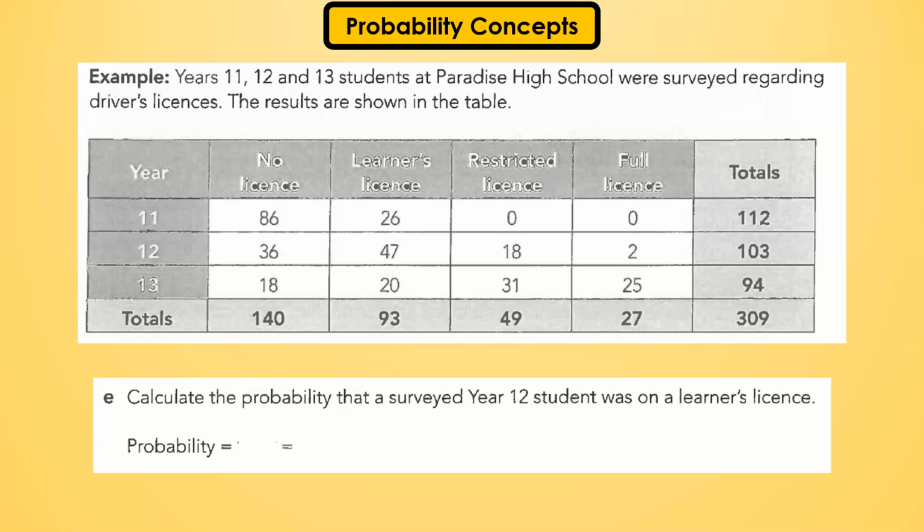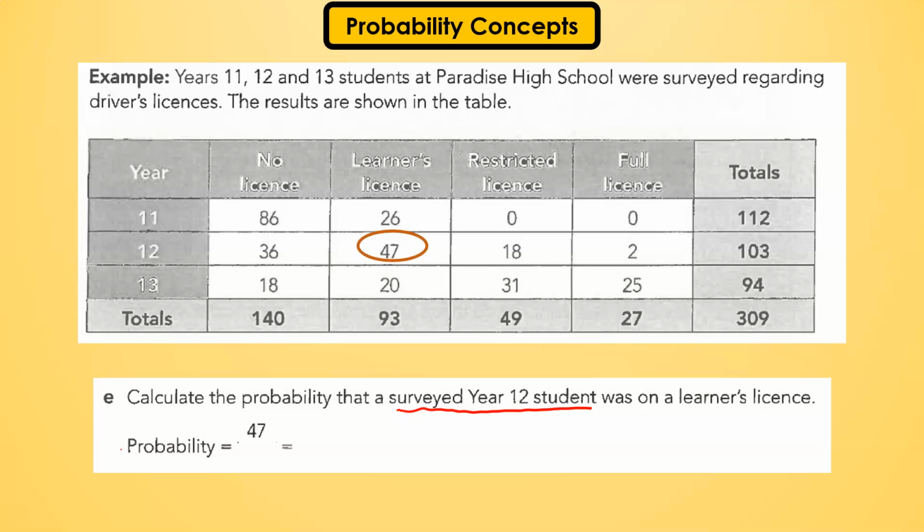Okay. Calculate the probability that the surveyed Year 12 students, so notice how this language has changed. Surveyed Year 12 students, no longer just a surveyed student, is called conditional probability. We're no longer talking about just any old surveyed student, but we're specifically talking about a Year 12 one.